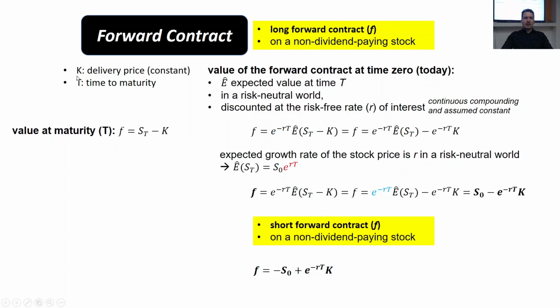First of all, we have a delivery price, which can be assumed to be constant, and also time to maturity, T. And for the value of the forward contract at time 0, so today, we can say there is an expected value at time T, so something will happen in the future. We have a risk-neutral world, and also discounting at the risk-free rate of interest under continuous compounding, assumed constant, so this one is not changing in time, will be something like this.